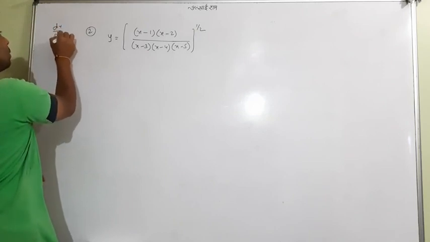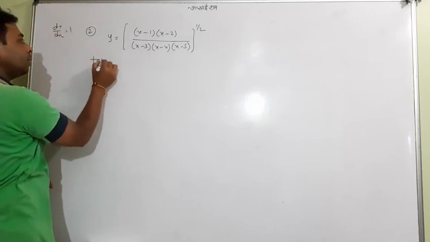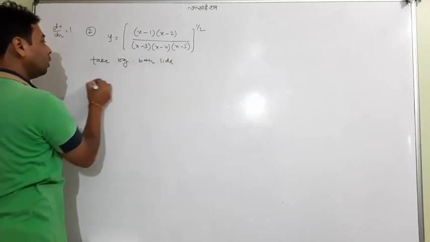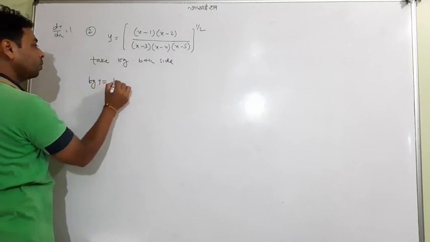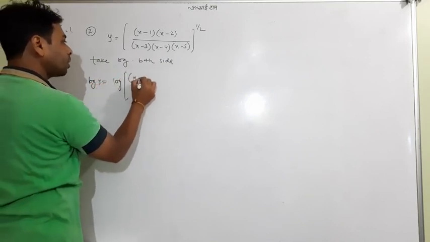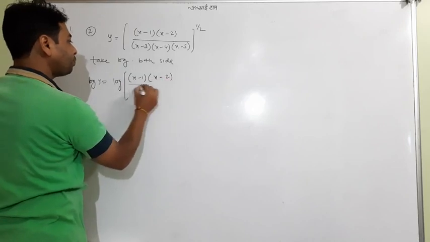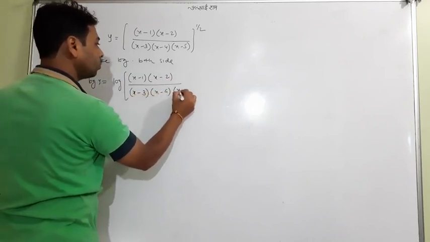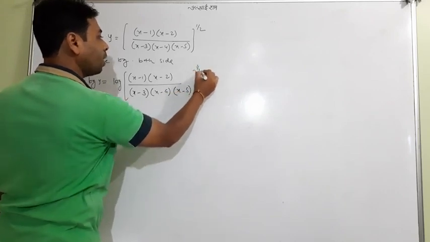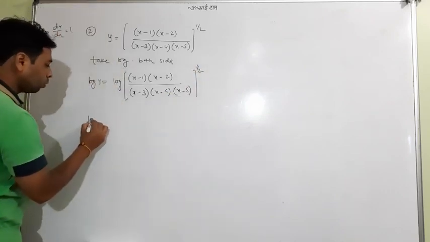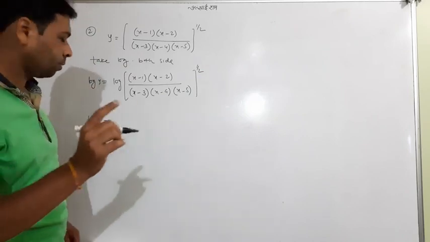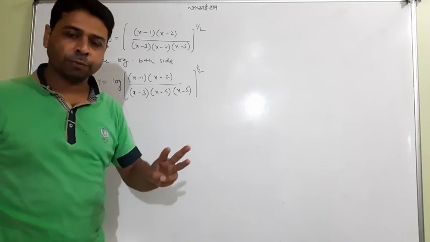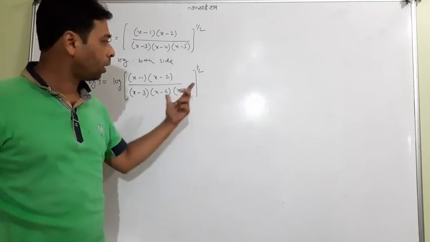You want to find dy by dx. So take a log on both sides. So what will it be? Log y, log of whatever the big function is here, and still power half. Student, keep in mind, we had three very basic properties of log, and all are used here.